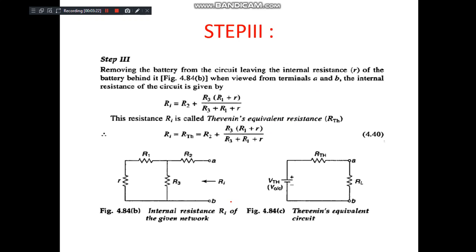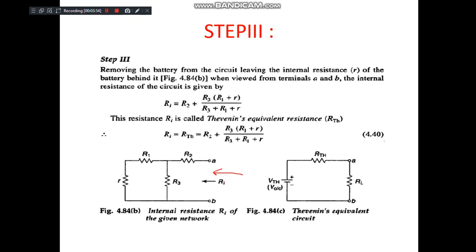The third important step is the calculation of internal resistance, or R Thevenin. For that, we have to remove the load resistance and also short circuit all the voltage sources and open all the current sources, leaving behind their internal resistance. Here small r is the resistance of the source, and we have to observe from the open circuit.